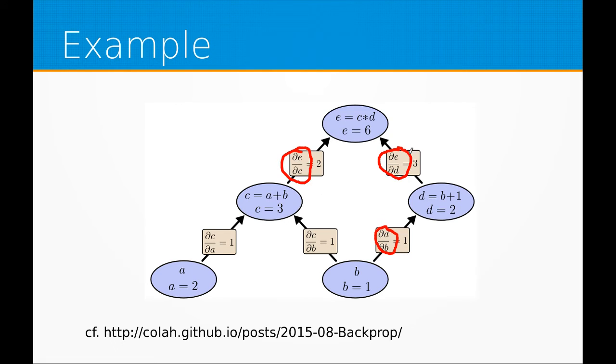You don't need to know the partial derivative of D with respect to E, because the gradient doesn't flow in this direction. The partial derivative of E with respect to D flows only here, not the other way.